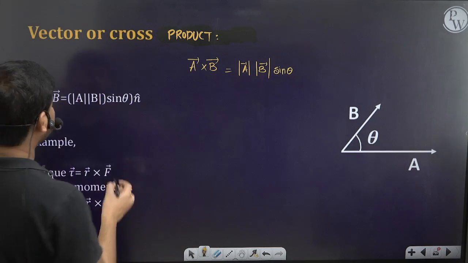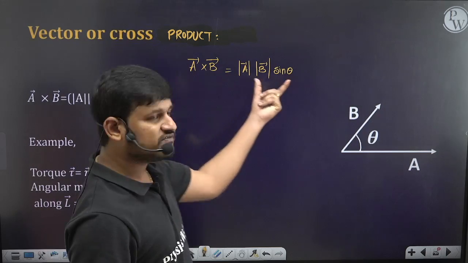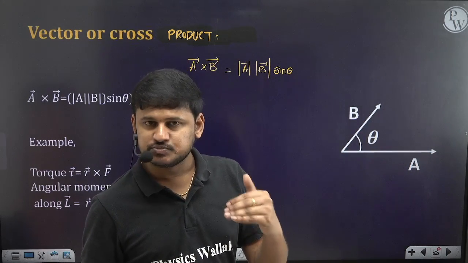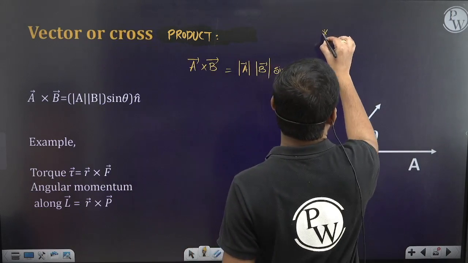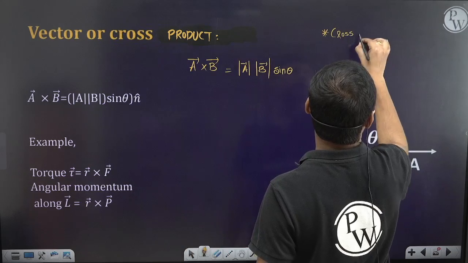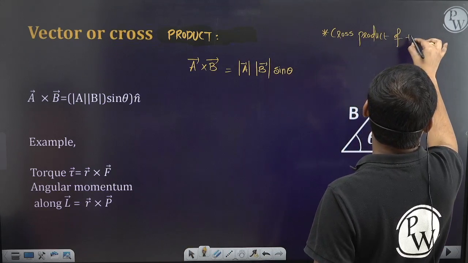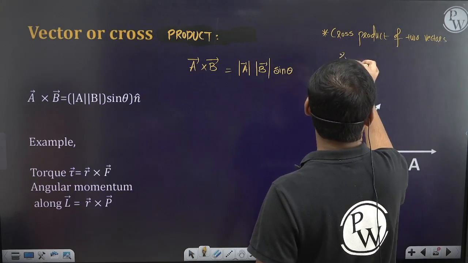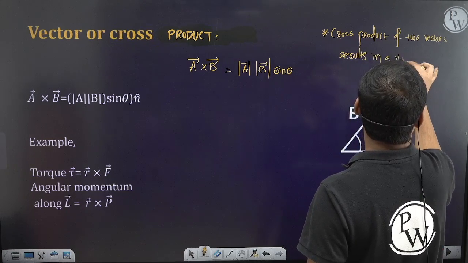This vector product will have a direction as well. Whatever the resultant is, it is going to be a vector again. The cross product of two vectors results in a vector quantity.